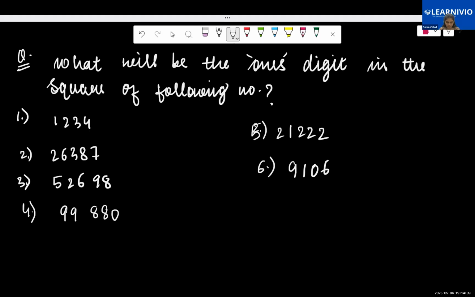Ma'am, I don't understand the question. You don't understand the question. See, when you square these numbers, let's suppose you square 1234. So 1234 square will end with what digit? Oh, okay, ma'am. It's written one's digit in the squares of the following numbers. So that is why I haven't written square here, because it's already written in the question.